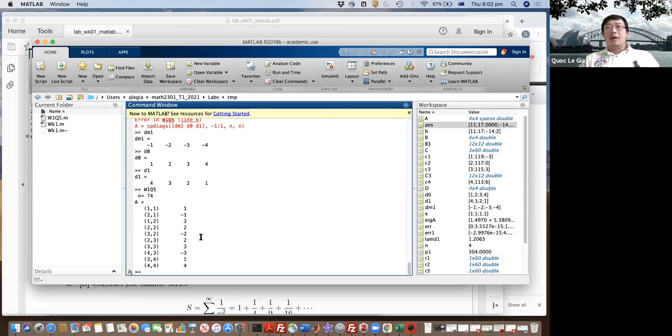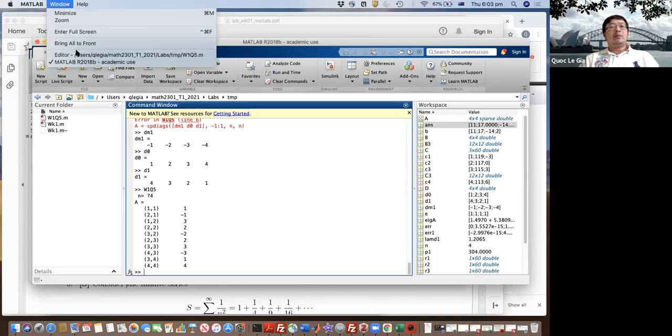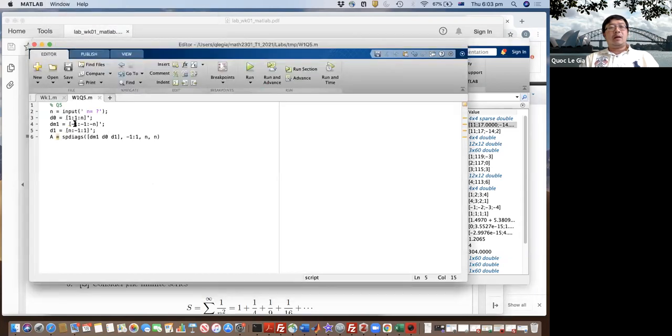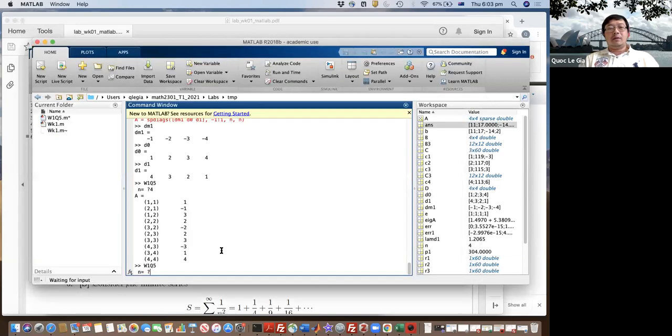Now the entry at 2,1 is minus 1. So maybe you want to start at minus 2. You go back to the editor and say, I want to start from minus 2, and this one is okay. Now let me run it again, with n equal 4.